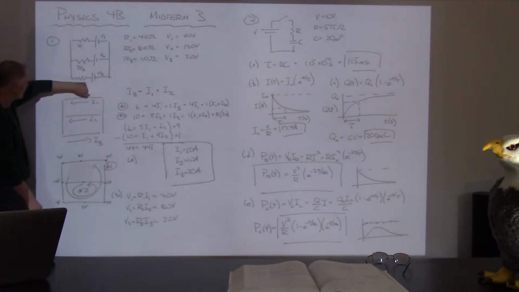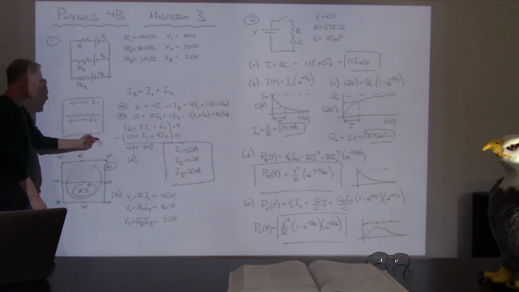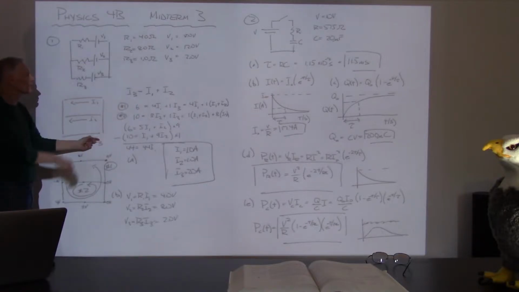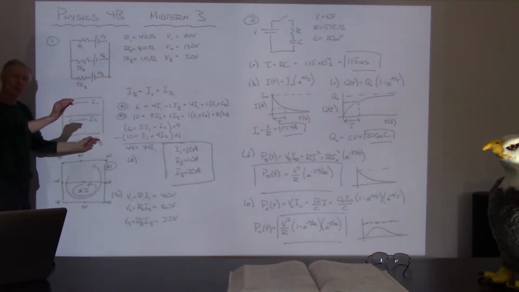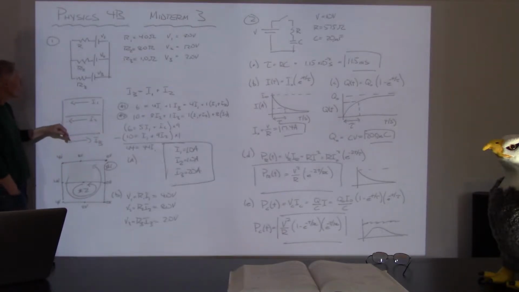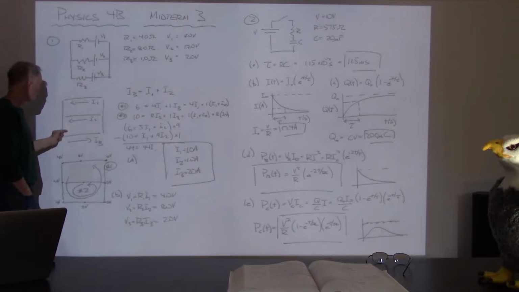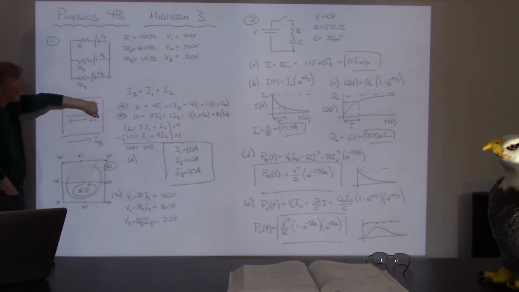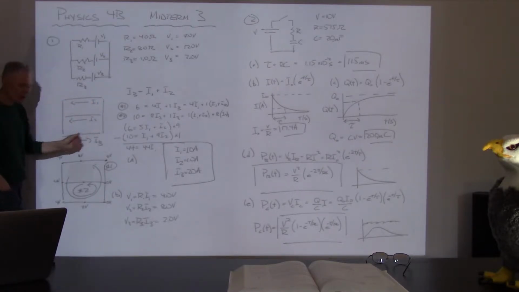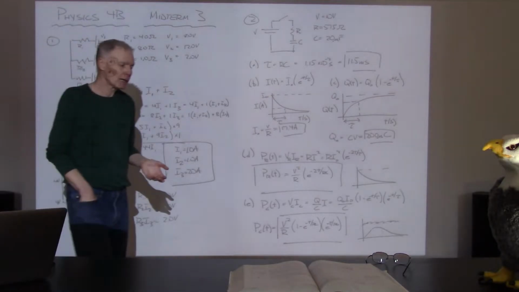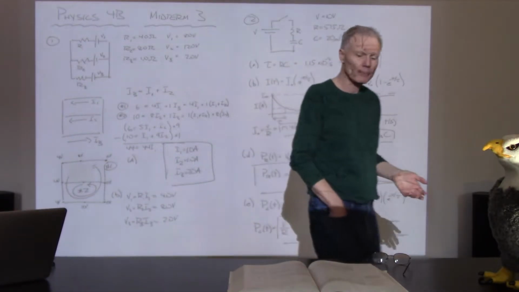That would be following I1 here and following I3 here. And that means when I set up these equations, I don't have to think about minus signs. As long as I'm going in the direction of the current, I don't have to worry about minus signs showing up. Loop number 2 is going this direction through the lower portion. Again, my intention was to make the problem easy and minimize the number of minus signs.